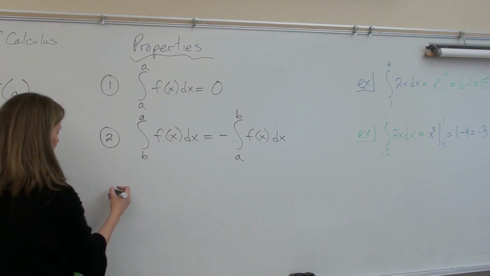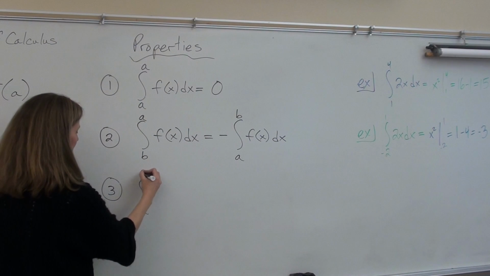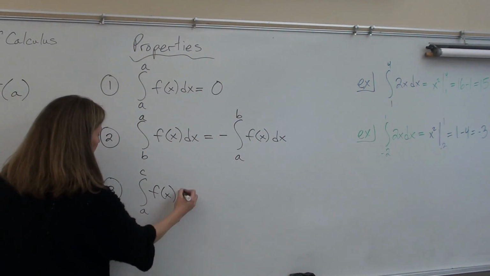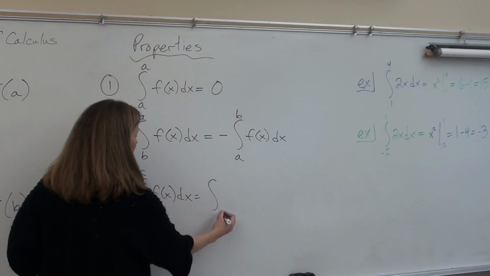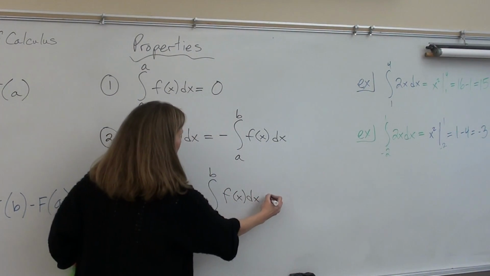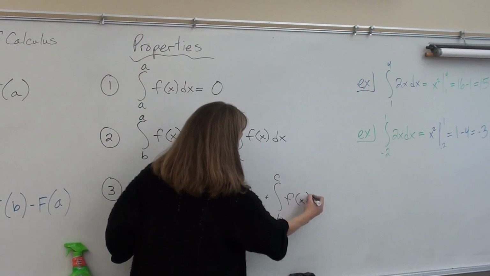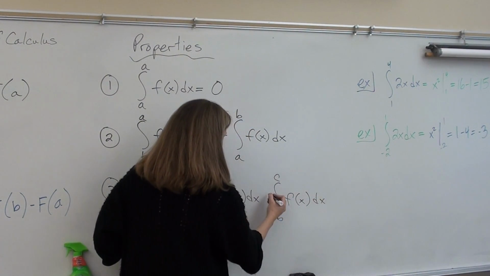All right. Third property, the integral from A to C is equal to the integral from A to B plus the integral from B to C. It's kind of like a no-brainer, isn't it?